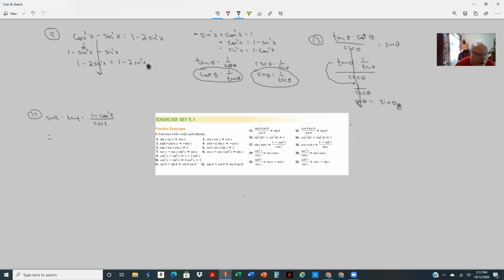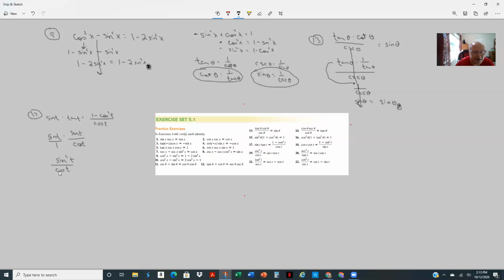Now, the first thing I want to notice is that the tangent of t is the same thing as the sine of t divided by the cosine of t. And if you multiply those out, that's going to be sine squared of t over cosine of t, because sine of t over 1 times sine of t over cosine of t: multiply the numerators, sine squared, multiply the denominators, cosine. And the bottom is what I want: cosine.